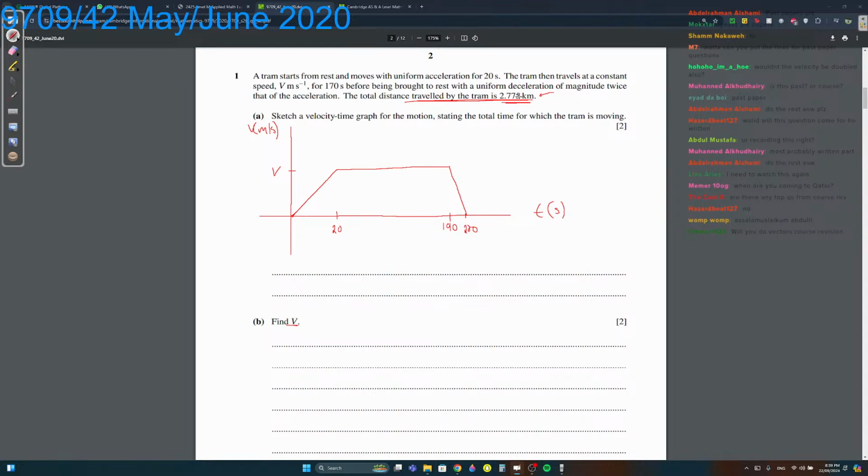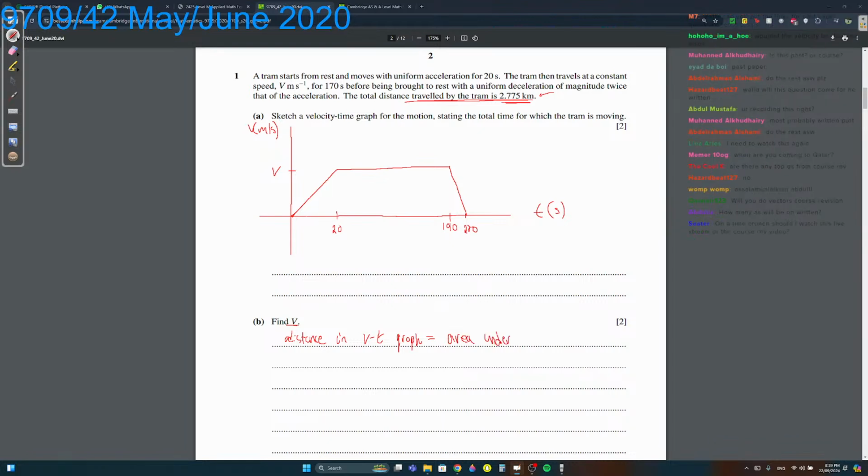This is total distance. Now we have a VT graph. What is the distance in a VT graph? We know the distance in the VT graph is equal to the area under the graph. This is a trapezoid.